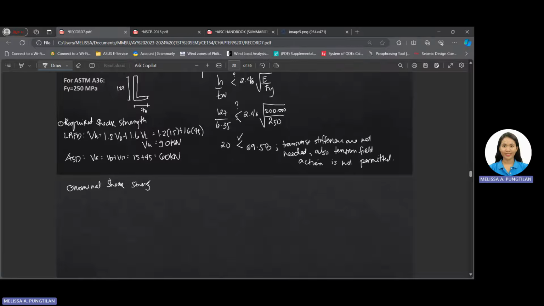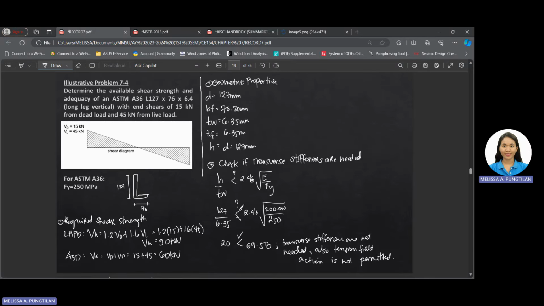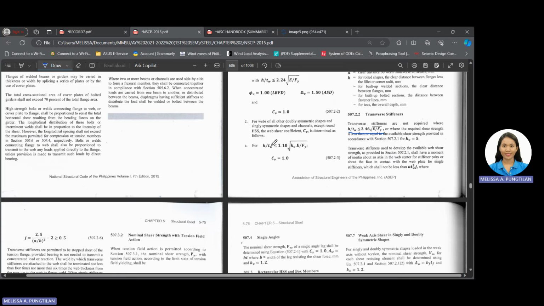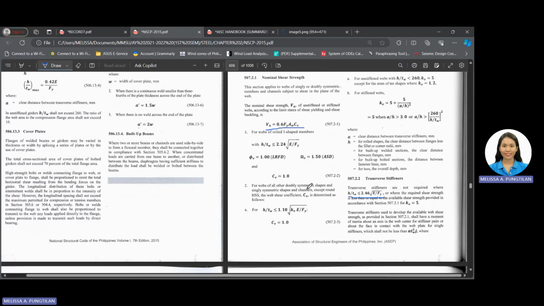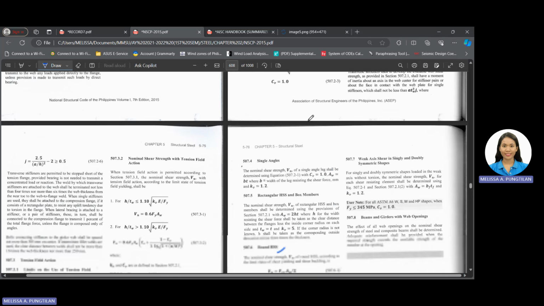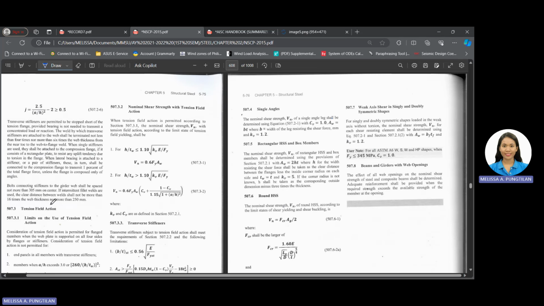Okay. So, yung ating section is a single angle, unequal angle, no? Therefore, maghahanap ngayon tayo dito sa NSCP ng section that is exclusively for angle. Okay, so check natin. 507.2 are for singly and doubly symmetric members. Next, 507.3, that is for tension field action. 507.4, yan. Meron tayo dito for single angle.